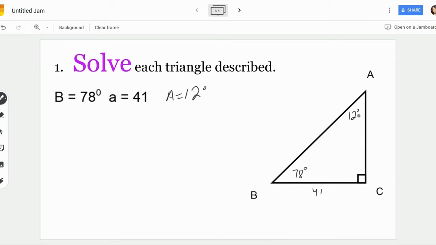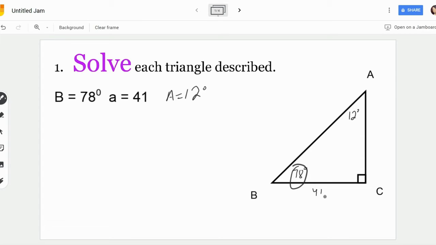You can either decide to say I want to focus from angle A's perspective, then this would be opposite side, this would be adjacent, and this would be hypotenuse. Or you could go from B and say this perspective, and say that this is opposite, this is adjacent, and this is hypotenuse. So since we started with B, I'll start with B too.